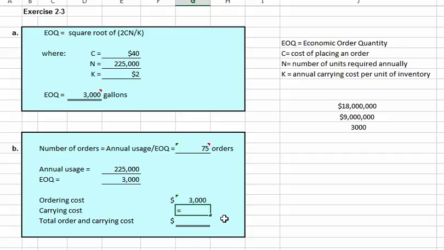So I'm going to say 3,000. This is going to seem ridiculous. Plus 0. 3,000 is the number of gallons we'll have on the day we receive the order. 0 is the number of gallons we'll have on the day we run out. Add that together and divide by 2. I'm going to come back here and put in a bracket.